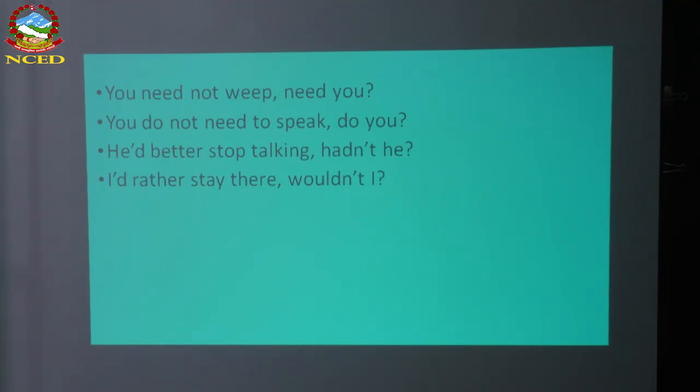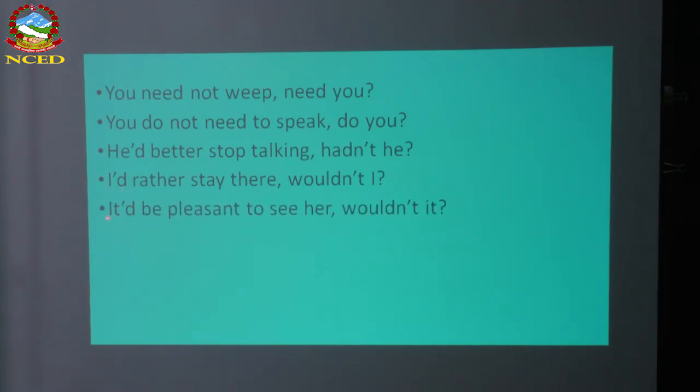So apostrophe D before "rather" we read as "would." This is "I would rather stay there," so the tag is "wouldn't I." Okay, remember these two points. These are very important. Before "better" it is "had." Before "rather" it is "would." Okay, remember it. Next point.